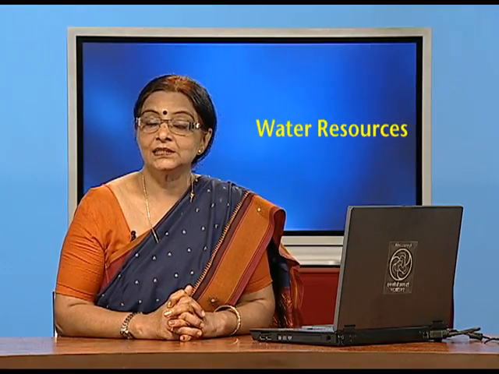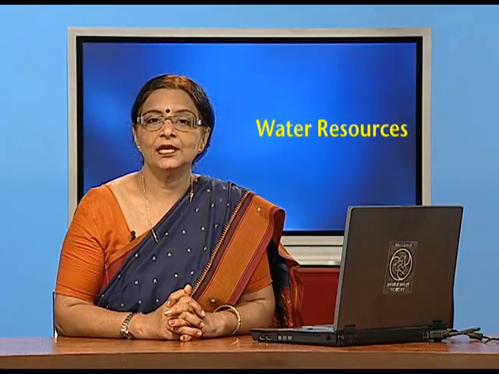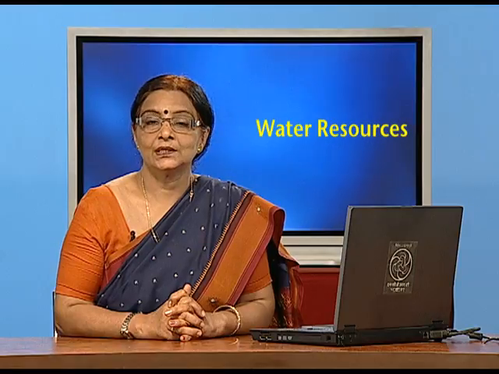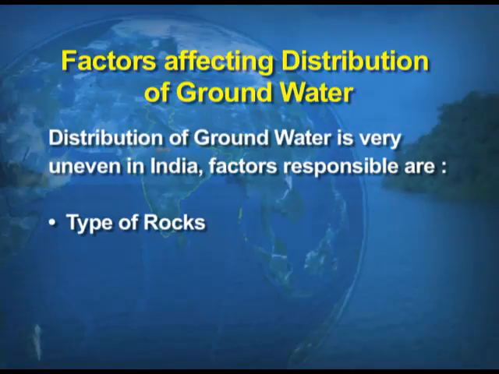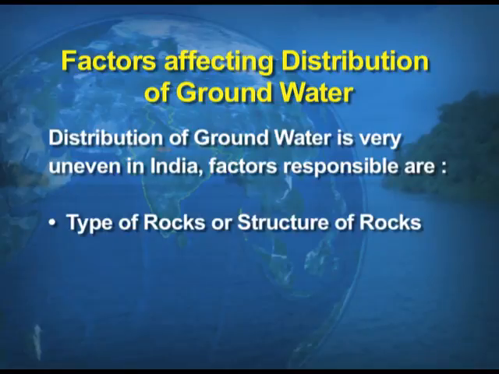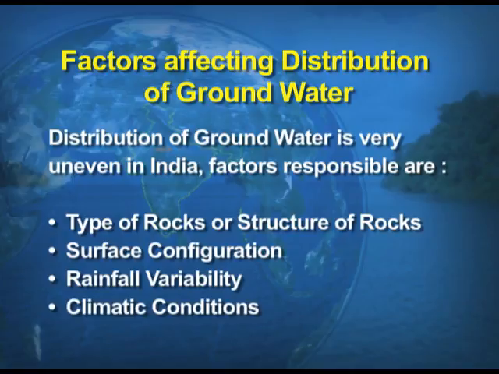So, this means that the water percolation is not the same in every part of the country. Now, what are the reasons for that? Number one is the type of the rocks, or you can say the structure of the rocks. Second, the surface configuration. The third is rainfall variability, and the fourth is climatic conditions.